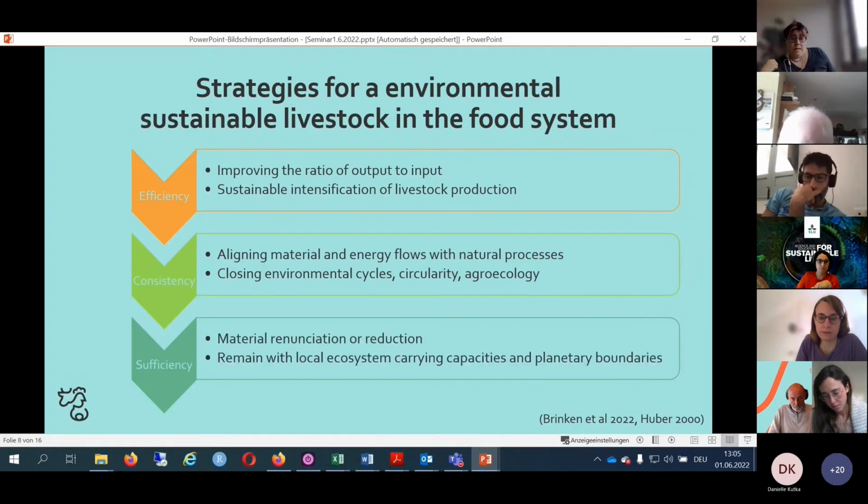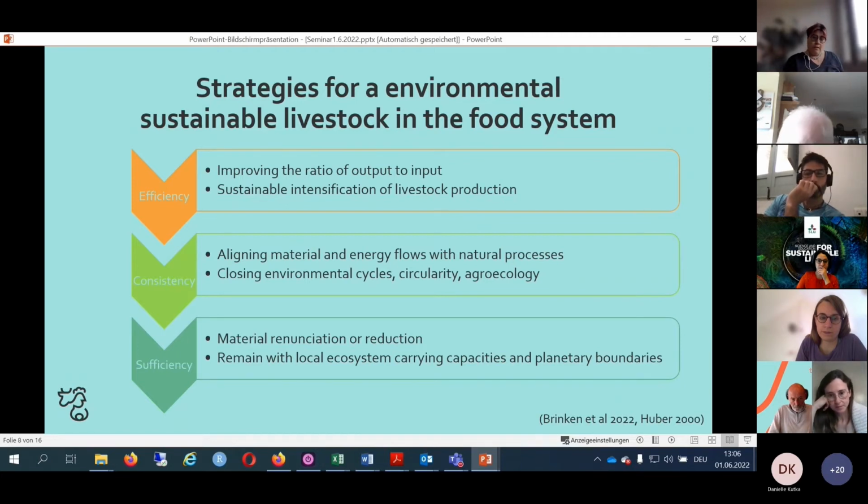Sufficiency is about a strategy where we try to reduce or renounce, to use less material. Well, that's something we hear a lot these days, where we say we should eat less meat or we should consume fewer animal products, which is basically linking to consumers.